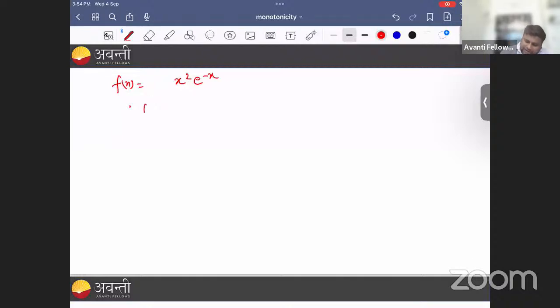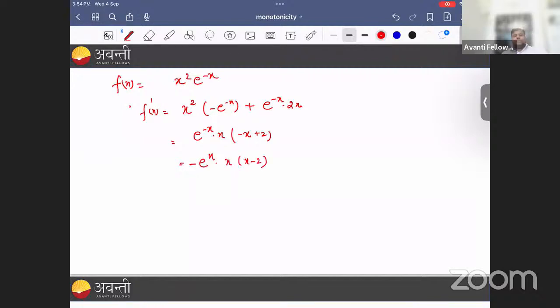Now see, f dash x is what? First derivative of second, minus e to the power minus x, plus second derivative of first, which is 2x. Yes or no? So from this, take e to the power minus x into x common. You are left with minus x plus 2. So it is e to the power minus x into x minus 2 with the negative sign.